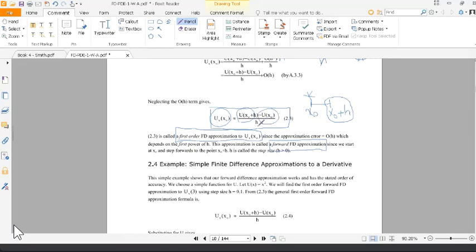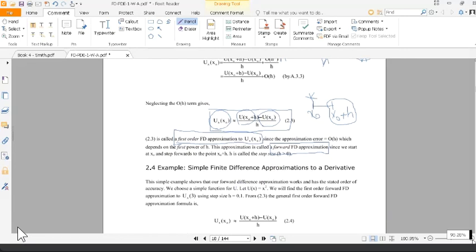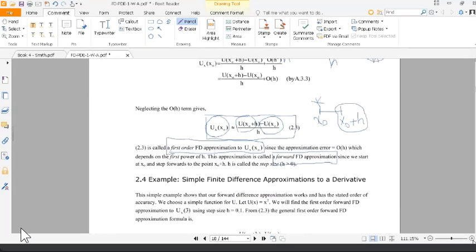For example, let u(x) equal x². I want to solve an example by using this forward finite difference approximation for the first order derivative. Let u(x) equal x², okay?